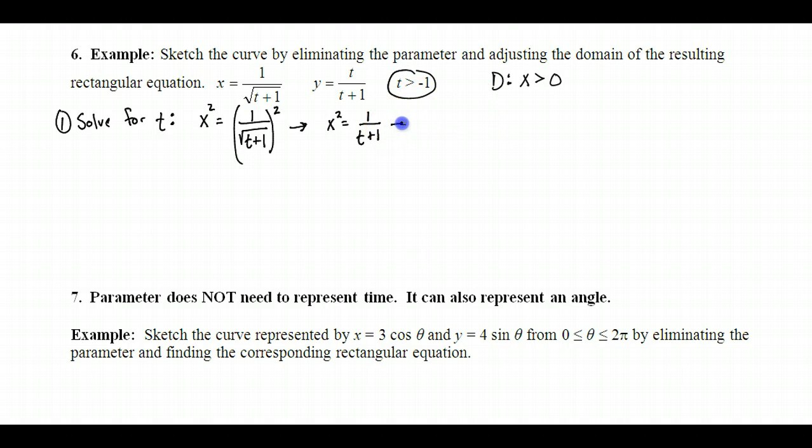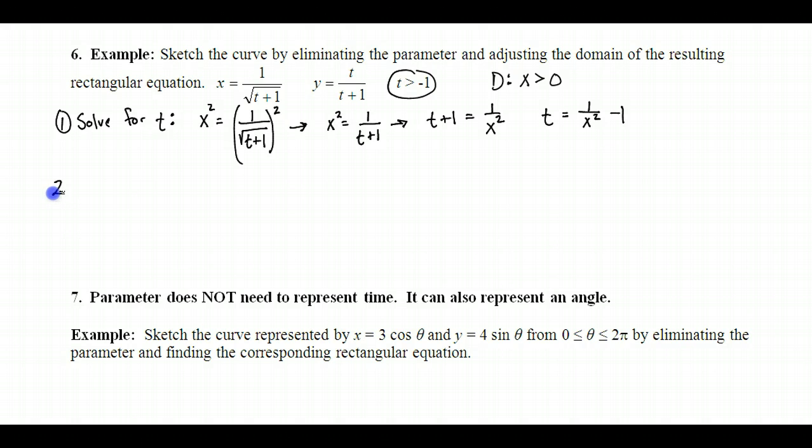And now I want to solve for t. What I would do here is multiply by t plus 1, and divide by x squared as well, over to the right. And now I know that t is equivalent to 1 divided by x squared, minus 1. So that's what t is equal to.